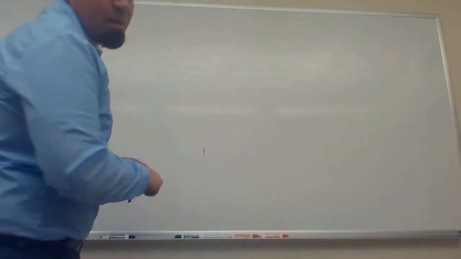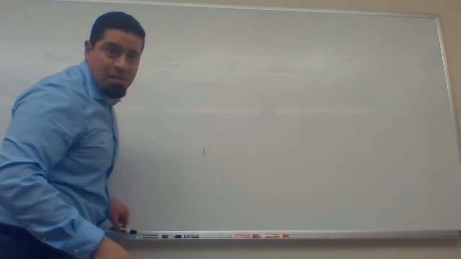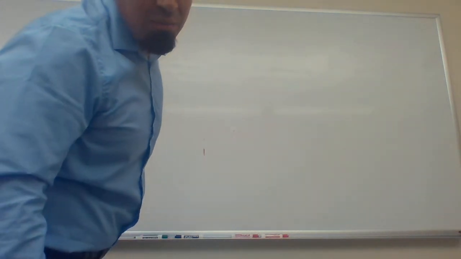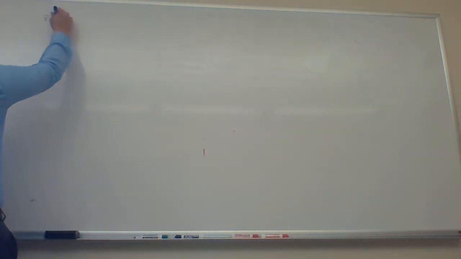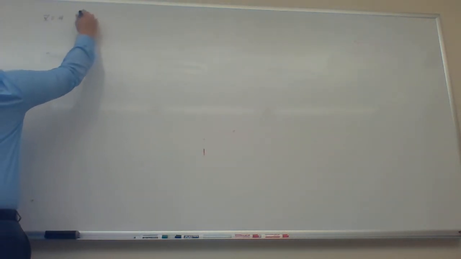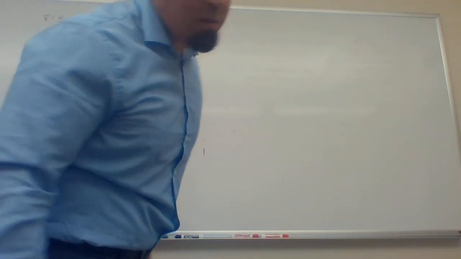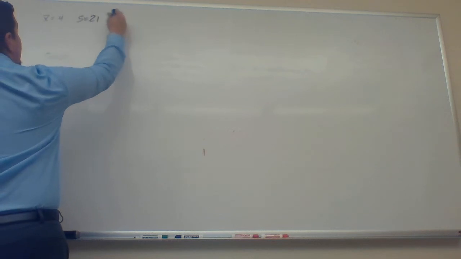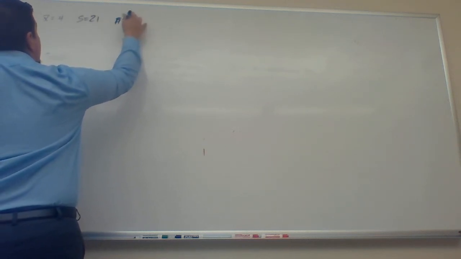So I'm going to start writing some of this down. X bar is 0.4, and s from this sample is 21, with n equals 49 subjects.